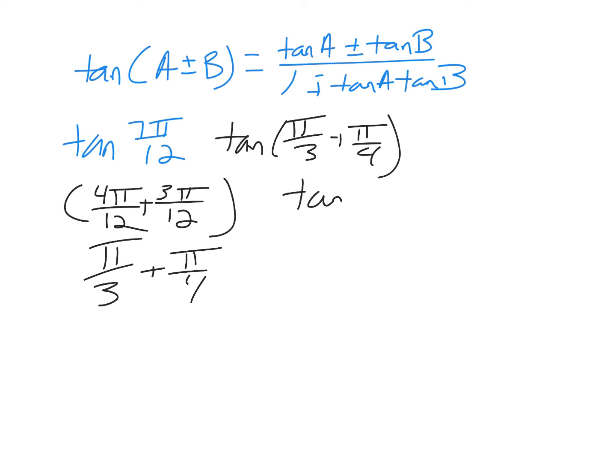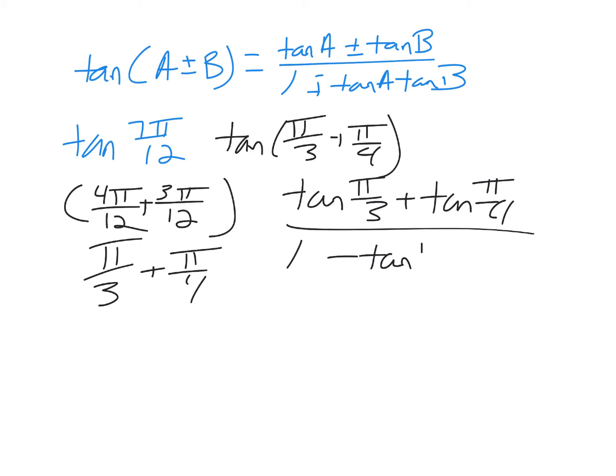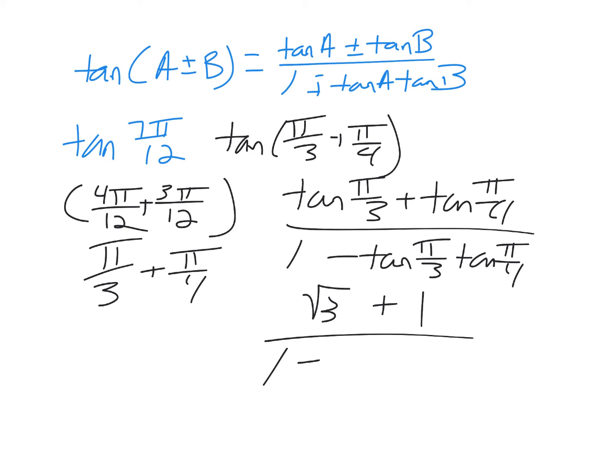And it's going to get us tan of pi over 3 plus tan pi over 4 over 1 minus tan pi over 3 tan pi over 4. Tangent of pi over 3 is root 3. Tan of pi over 4 is just 1. 1 minus tan of pi over 3 is, once again, root 3 times 1. Giving us root 3 plus 1 over 1 minus root 3.